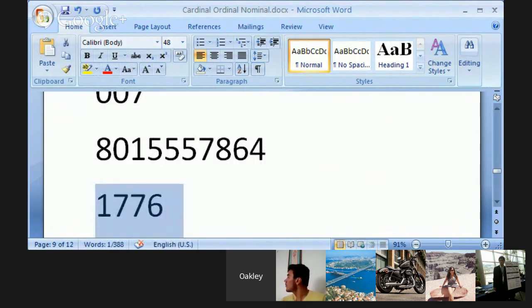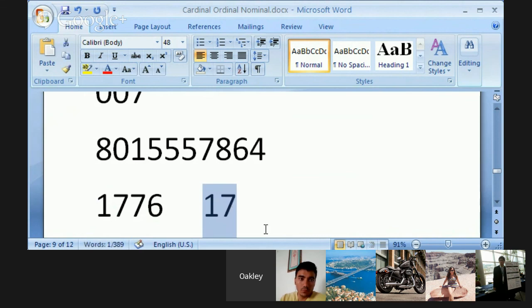Okay. Carolina, back to you. How do you say this? 1776. Okay, that's pretty good. Now, if you say just this number by itself, Carolina? 17.